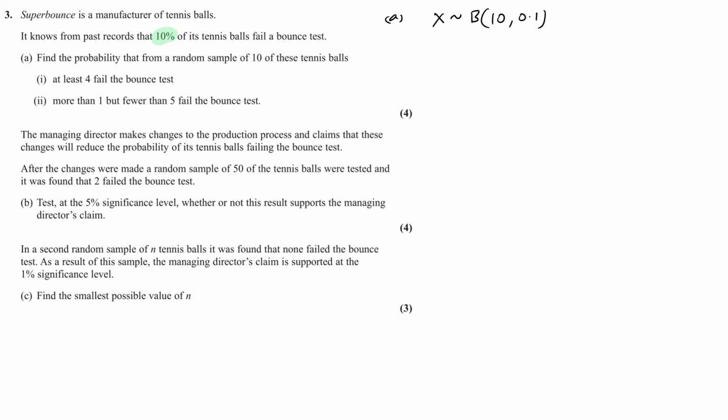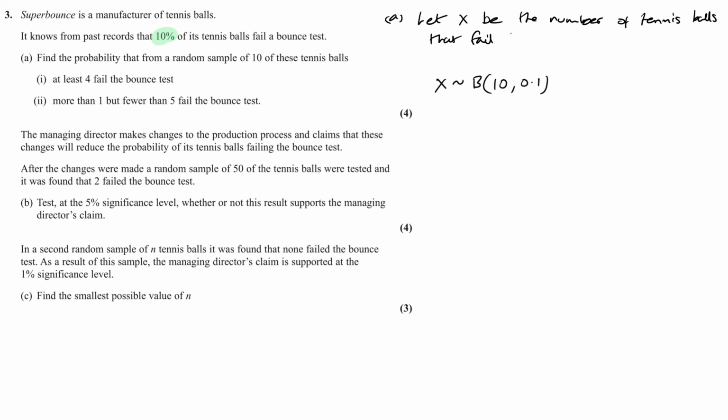Okay, so in terms of what x is, it is nice to write out what these things are. So let x be the number of tennis balls that fail the bounce test.